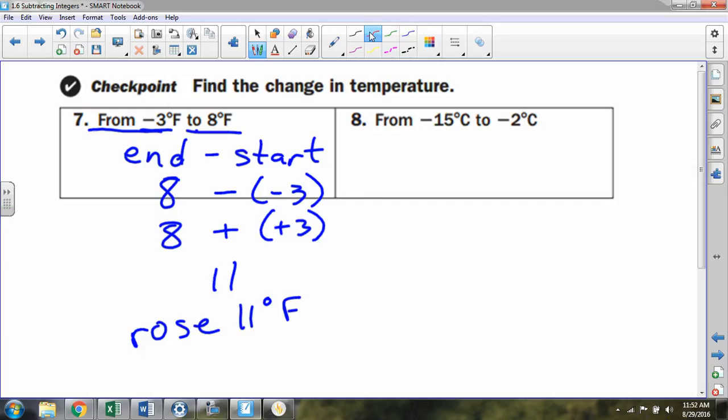Continuing for problem number 8. We would have the ending value subtracting the beginning value. And so we can take -12 plus +15.